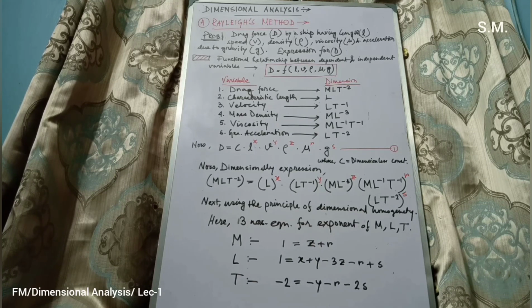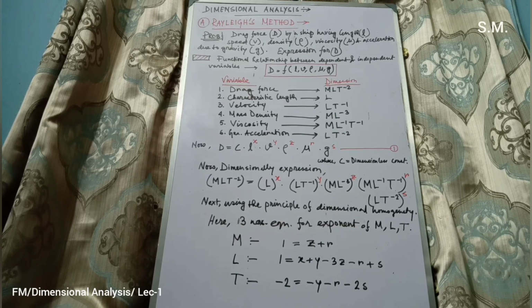On L we are putting x as the power, on V we are putting y, on rho we put z, on mu we put r, and on gravitational acceleration g we put s. This is equation number 1.